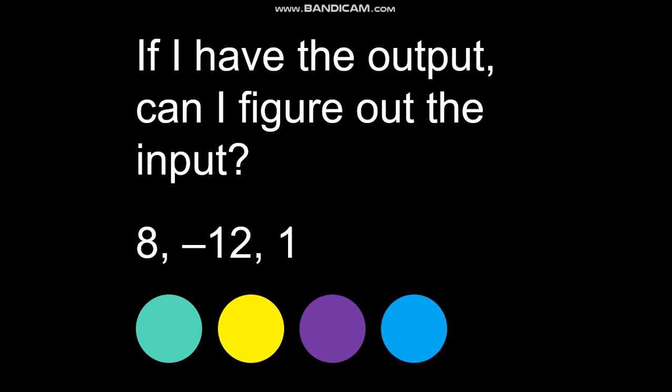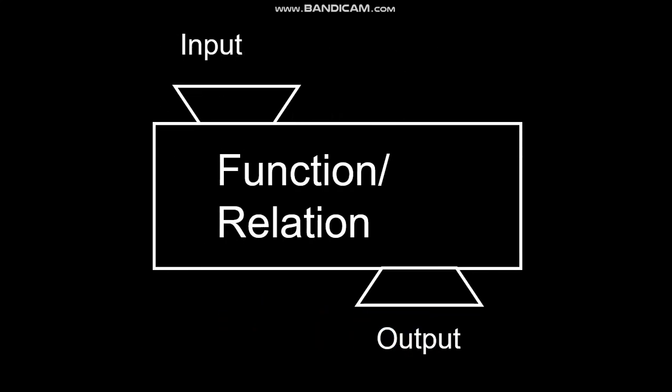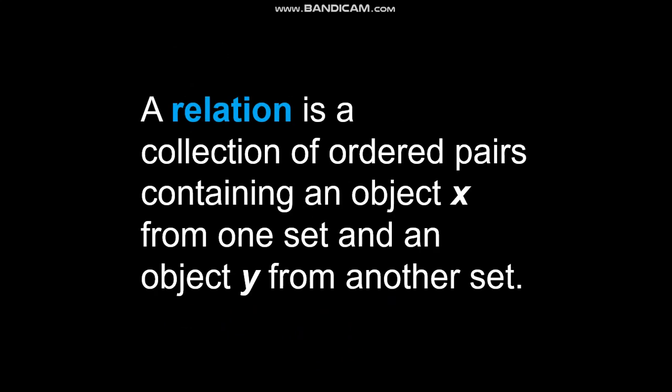Let's talk about a couple of definitions. This idea that I'm talking about, this function, sometimes instead of a function, we call it a relation. So this is what we need to talk about next. A relation is a collection of ordered pairs. So you've got object X from one set as your input, object Y from another set as your output.